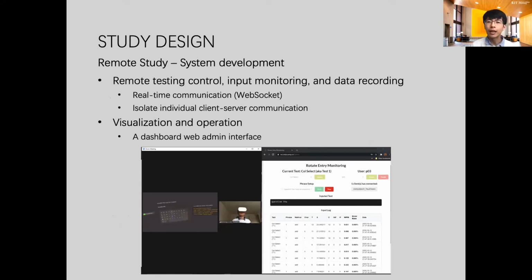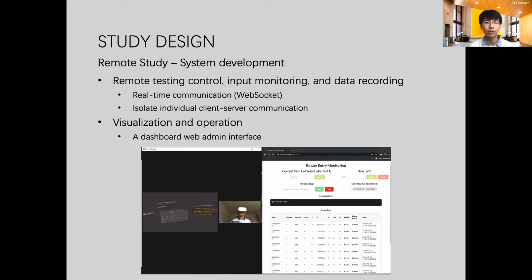Due to the COVID-19 pandemic, we had to adapt the study to an online format. For the adaptation, we conducted a preliminary study to identify the challenges, such as the remote testing control, participants' actions monitoring, and data collection. To address these issues, we developed a system for remote testing.